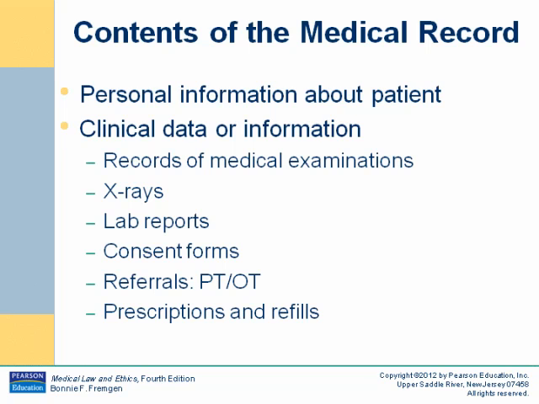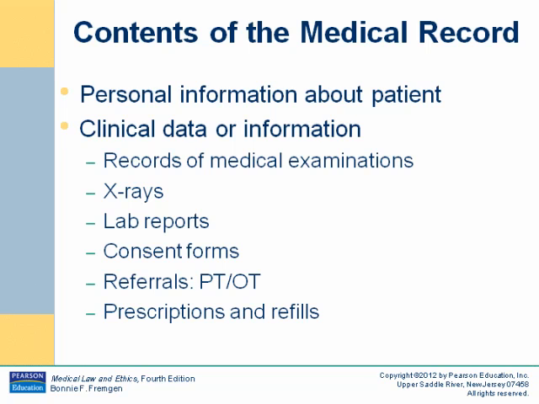So the contents of a medical record are listed here, and it's pretty clear. You can see anything that's personal information about the patient or clinical data, prescriptions, consent forms, any referrals, if that's ever happened, for occupational therapy or physical therapy or MRIs or whatever, records of medical examinations and x-rays.